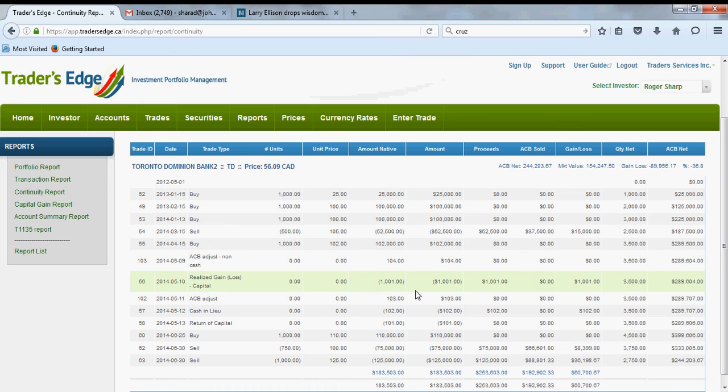The other adjustments you can have for cost base are cases where there may have been some event at the company, some non-cash tax event, and you have to increase the cost base. So from the trade screen, you'll recall an item called ACB adjust non-cash. You can plug in $100 or whatever it is. It'll add to your cost base, but it won't affect your cash balances.